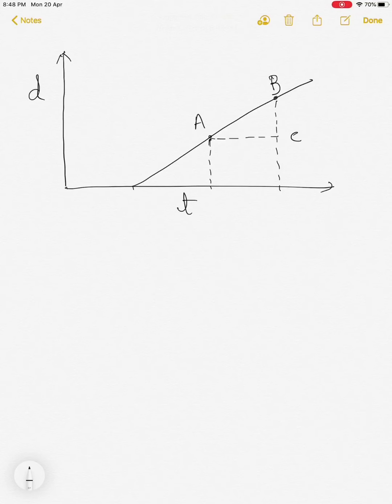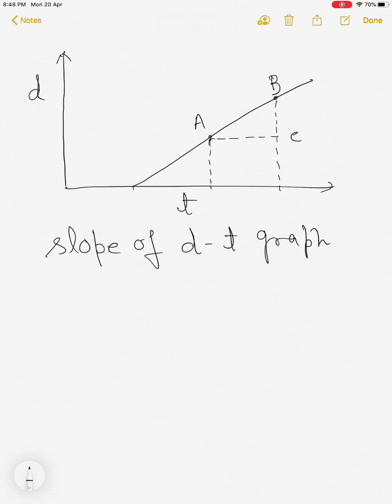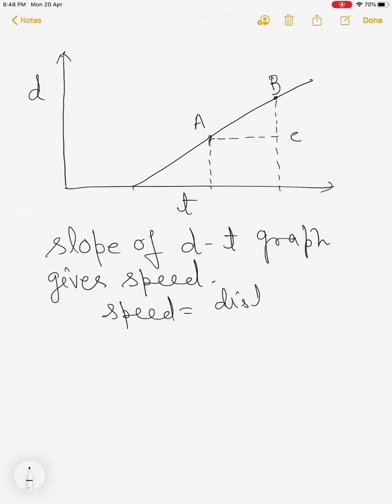Then the slope of the distance time graph gives speed, because we know that speed is equal to distance upon time.